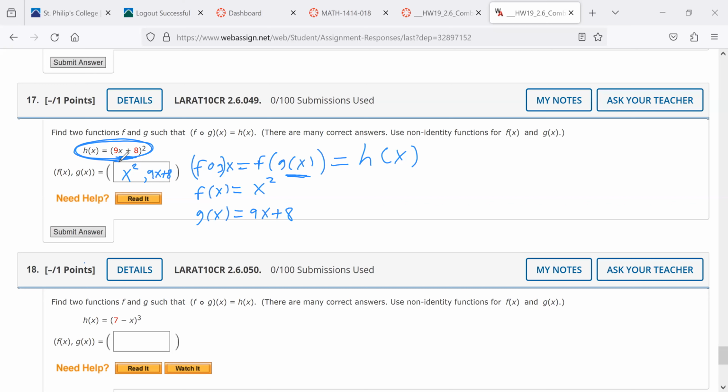Is that clear? So they want you to understand the concept of visualizing the inner and outer functions of a composite. Any questions on 17?